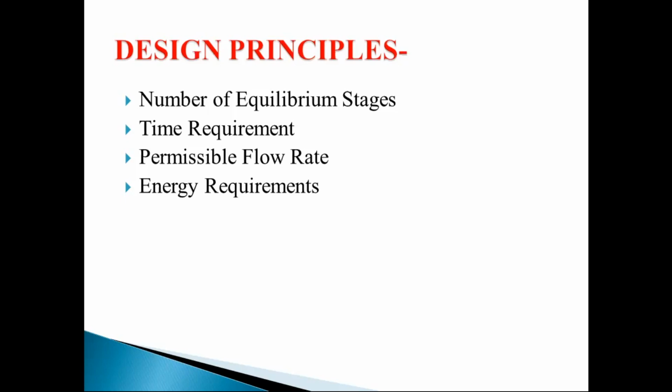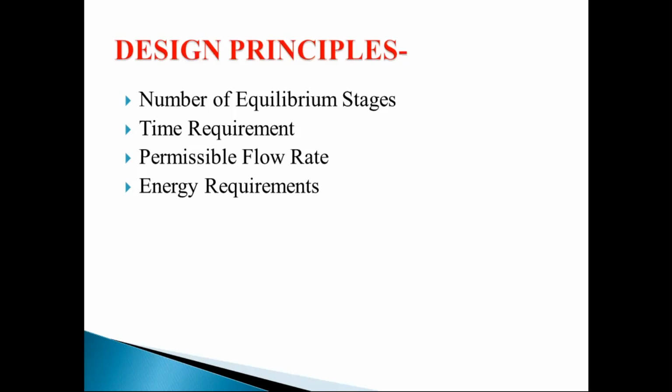Okay, next one, permissible flow rate. Permissible flow rate or material balances determine the absolute quantity of each of the streams required. So we should know what is the permissible flow rate. There should be a well-defined flow rate, and then we can avoid adverse flow conditions in any reactor, in any column.